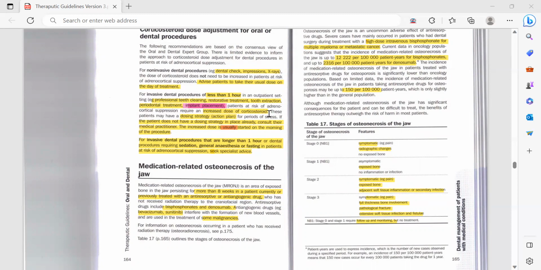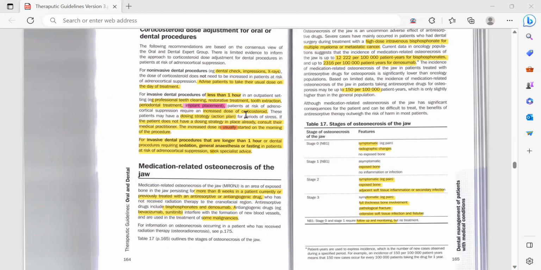But as we know, we have not prescribed the patient this medication, right? So we are nobody to do the modification. We need to talk to his medical practitioner, and he would be the best person to modify his dose. Most of those patients have a dosing strategy or action plan for periods of stress.